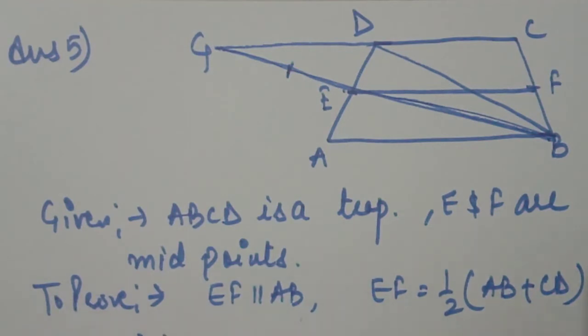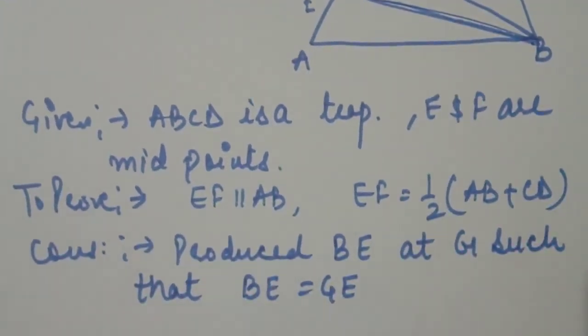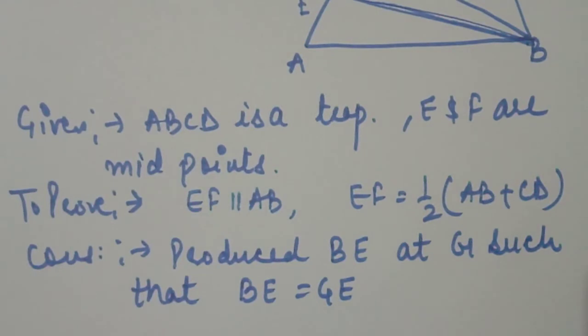So construction is this: produce BE at G such that BE is equal to GE. It means E is the midpoint of BG. So now we will start our proof, students.